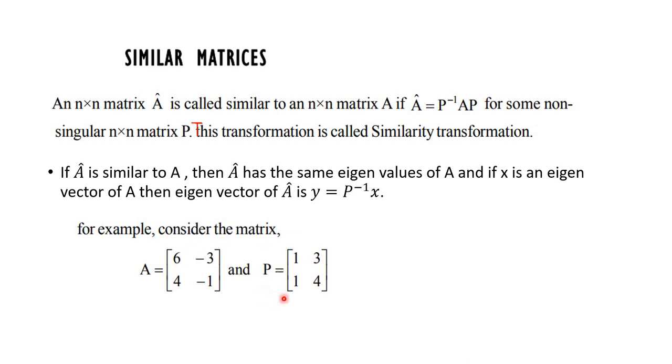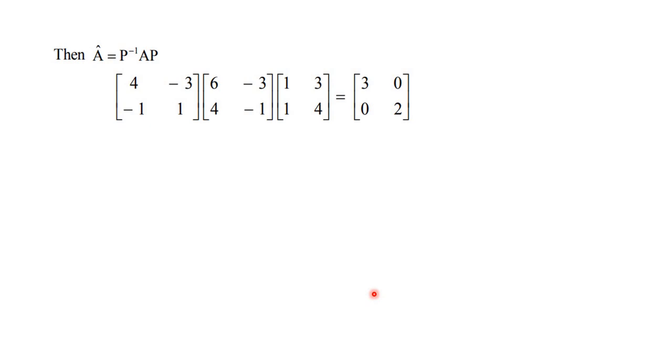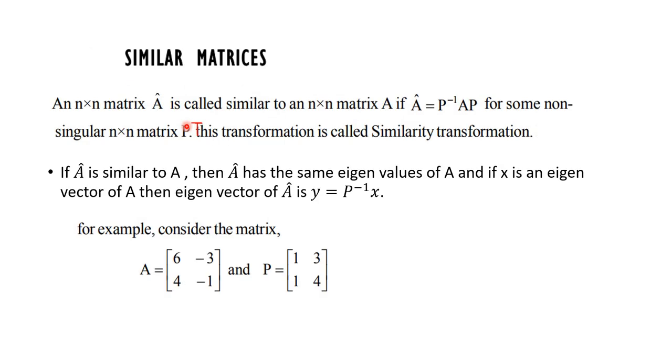For finding the inverse of a 2 by 2 matrix, the inverse is 4, minus 3, minus 1, 1. We interchange the diagonal entries 1 and 4 to 4 and 1 and put a minus sign on the off-diagonal entries. So the inverse of this matrix is 4, minus 3, minus 1, 1.